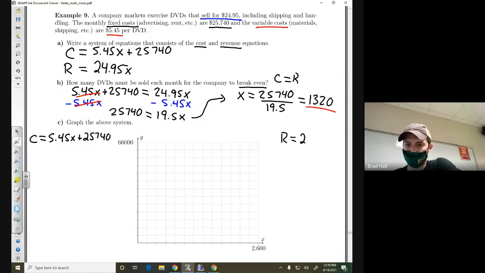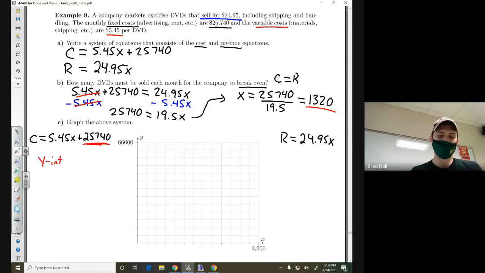So I'll just write the two equations over here. And the good news is that since they are already in mx plus b form, we can graph these very easily. For the cost function, we get that the y-intercept is 25,740. So all we have to do is figure out about where that exists on the y-axis.